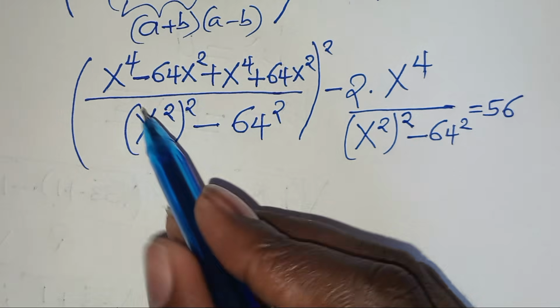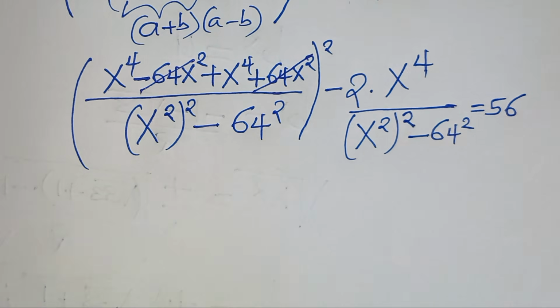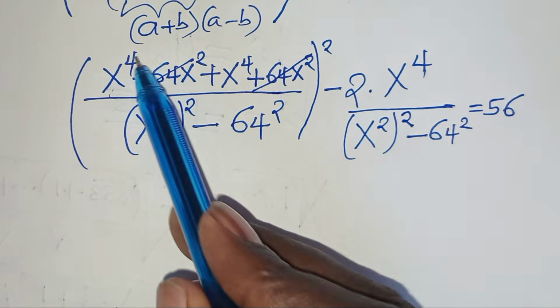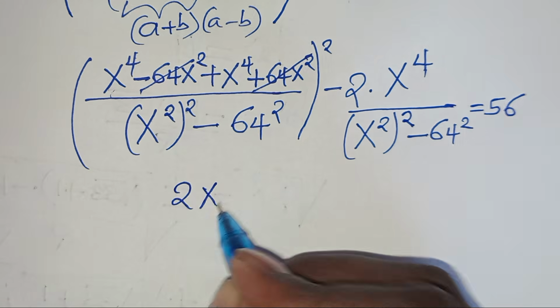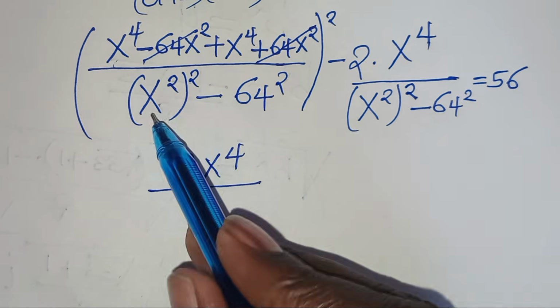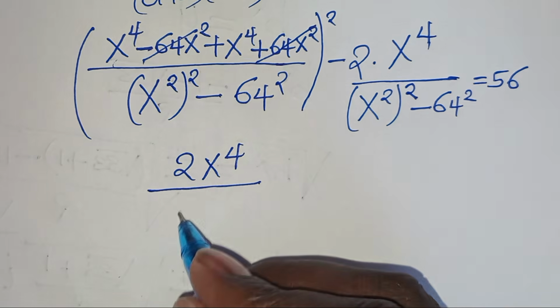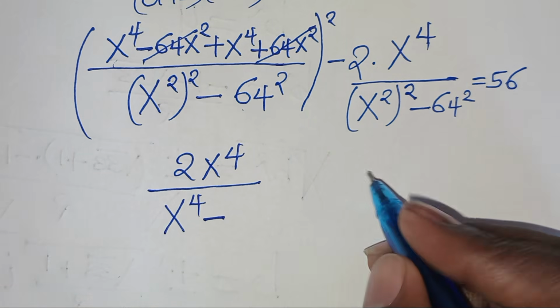Now we have negative 64x squared plus 64x squared. This simplifies so that we have x to the power of 4 plus x to the power of 4. This becomes 2x to the power of 4 divided by x to the power of 2 raised to the power of 2. This is x to the power of 4 minus 64 squared.